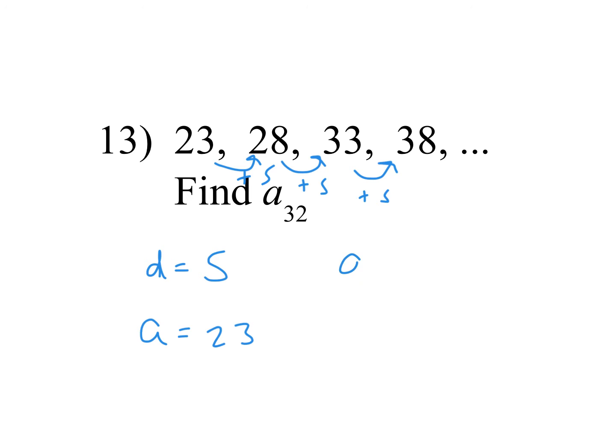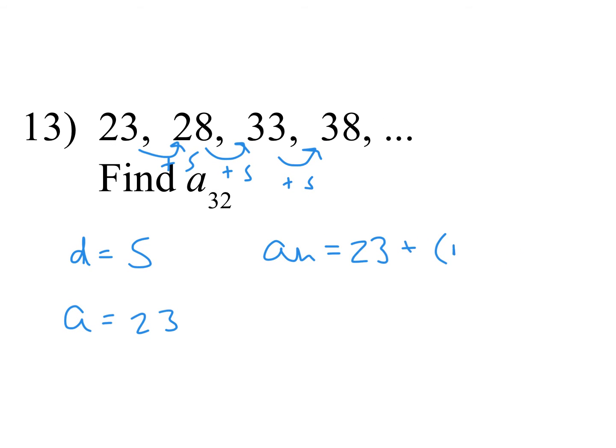Now, we need our formula, so a sub n is equal to our first term, which is 23, plus, what comes next? Before we do 32 minus 1, we just say n minus 1, because this is just our general formula, and then we multiply that times d, which is 5.